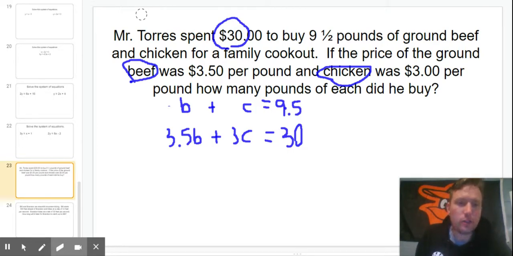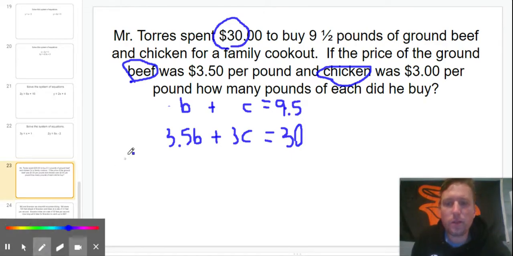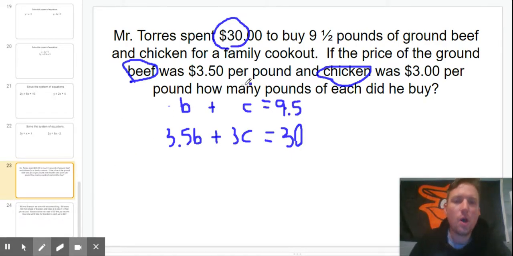In talking with some students, they have maybe struggled a little bit with both the elimination method and the substitution method. We're going to use the substitution method where we plug in the value of C, but we have to rewrite this equation before we do that.